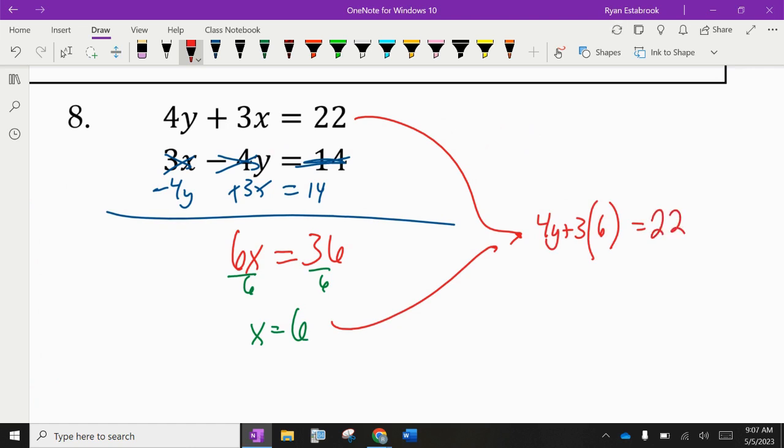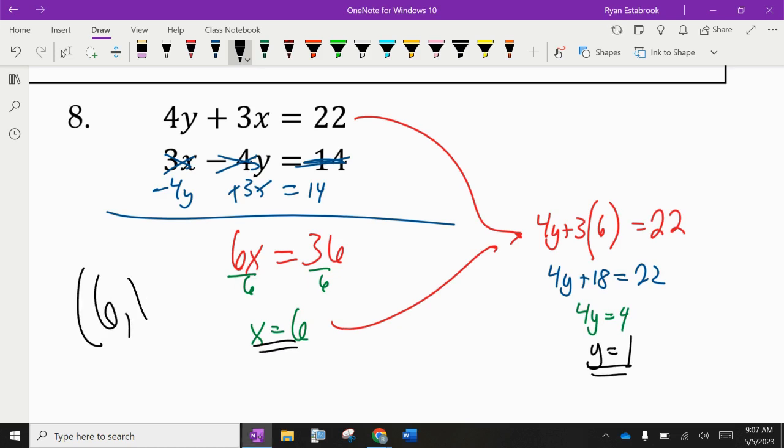Then plug x equals 6 into one of the equations. And we get an intersection at 6, 1.